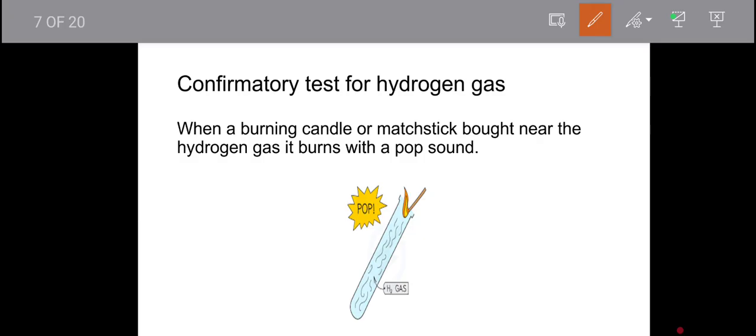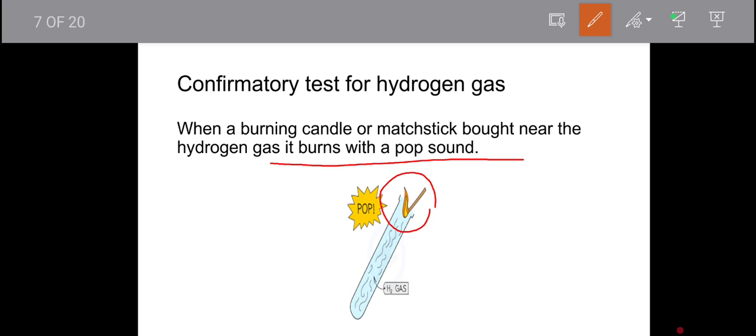If we collect the hydrogen gas, then we place a burning candle or a burning matchstick near the mouth of the gas. If this gas is hydrogen, it will always burn with a pop sound.